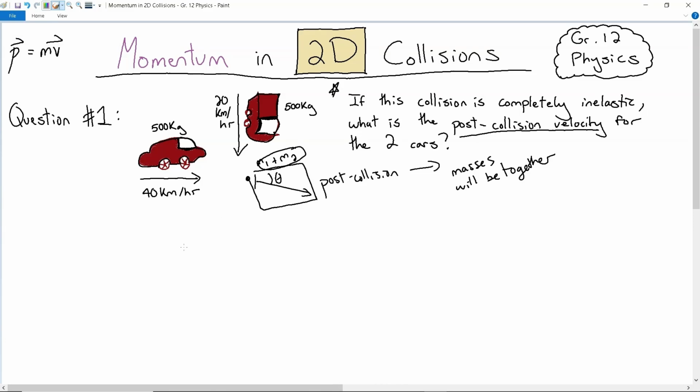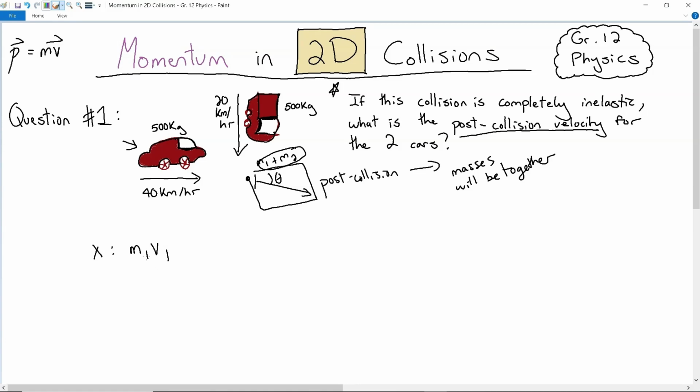Now, when we're thinking of momentum in 2D, we want to break down momentum in our x dimension and in our y dimension. So let's look at x first. The only momentum I have pre-collision in the x direction will be from this car because we're moving east. So let's plug in our values.